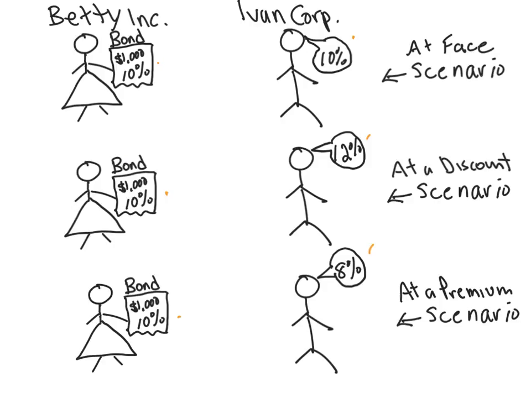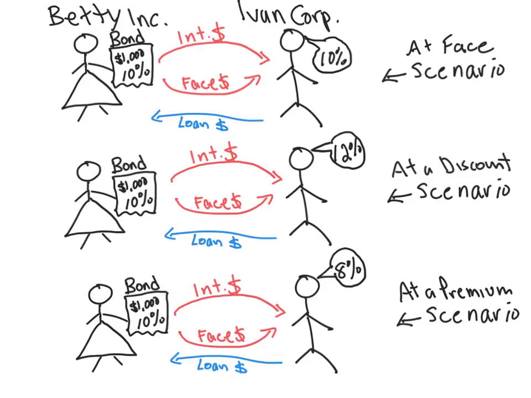So let's look at the first case. Before we do the actual calculations, let me just give you the cash flows that come from the bond, and they are represented in red, and then the cash flow from the investor to the issuer is in blue.